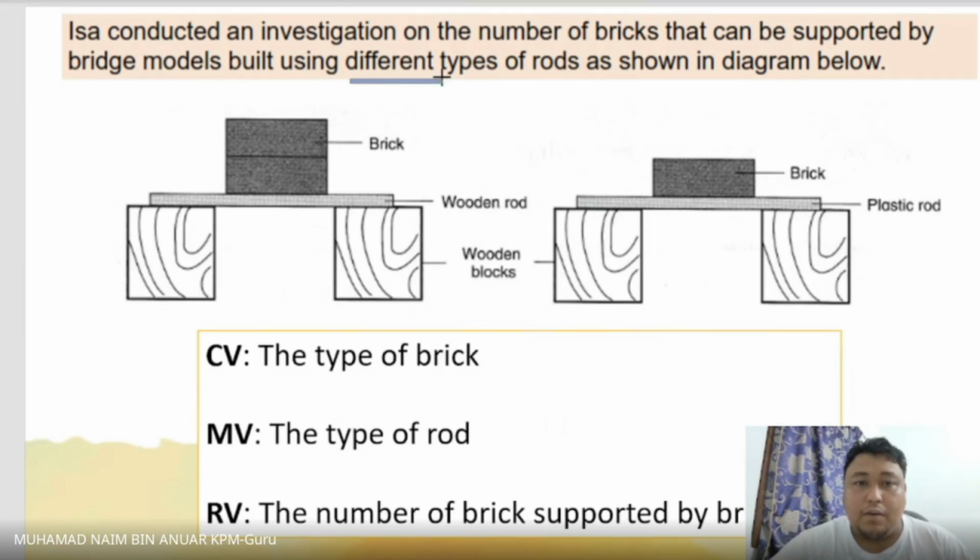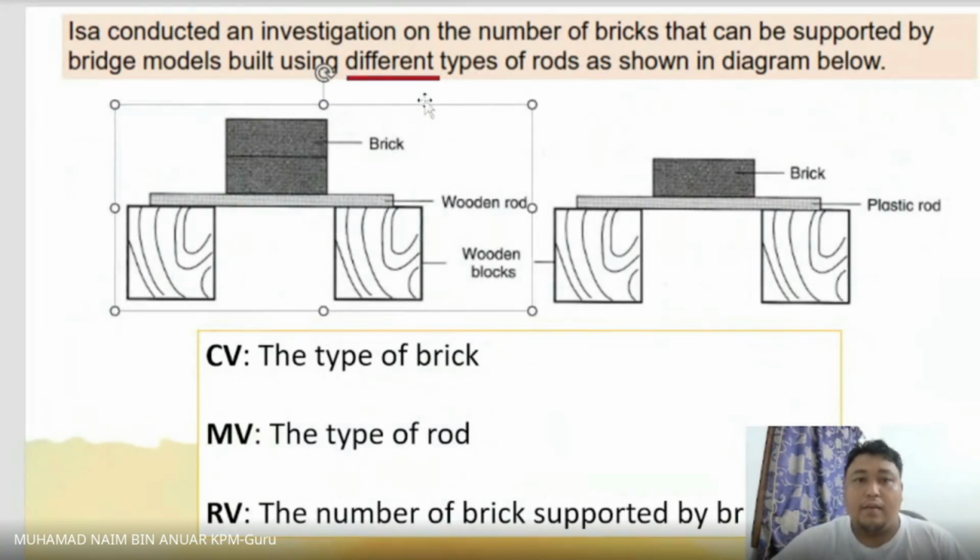Different type of rod here. So different type of rod already gives you the answer for MV.